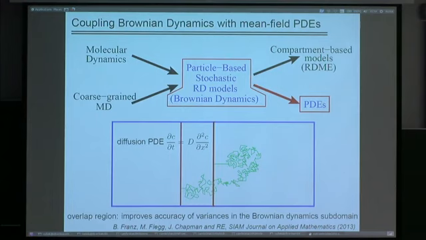The disadvantage of any overlap region in this research area is that if you go beyond diffusion and want to study more interesting problems with reactions, you have to think about how you model reactions in these overlap regions, how the field would react with particles. There are more open questions than answers in our paper.